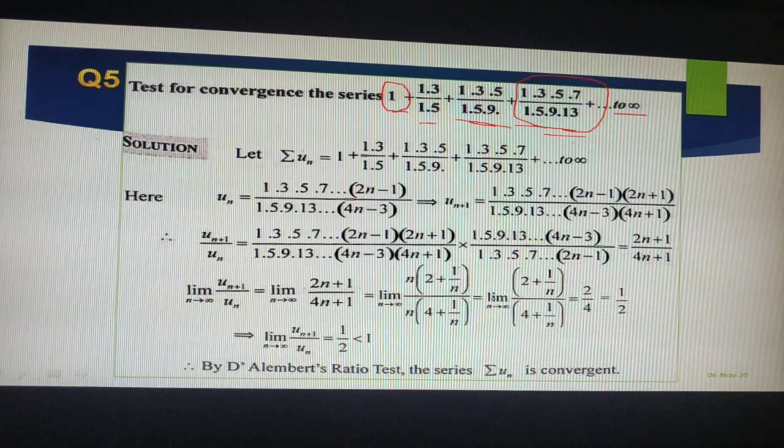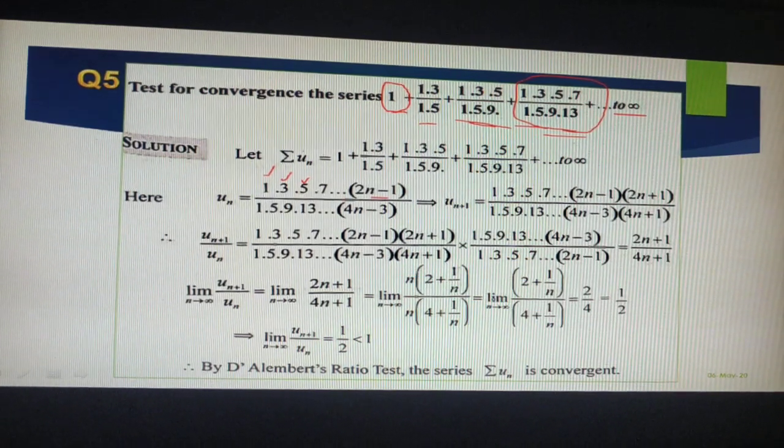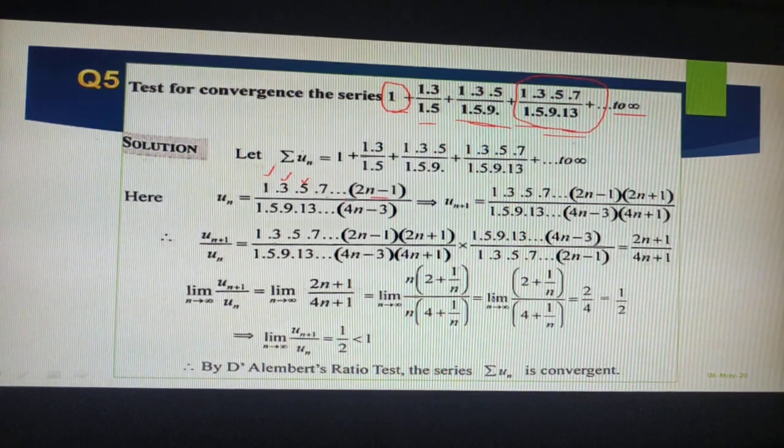If you write it this way, 2n minus 1: when n is equal to 1, then 2 minus 1 becomes 1, n equal to 2, so 4 minus 1, that is 3, n equal to 3, that is 6 minus 1, that is 5. So we are going to get this particular series in the numerator. In the denominator also, if you see 1, 5, 9, there is a difference of 4, 4, 4.